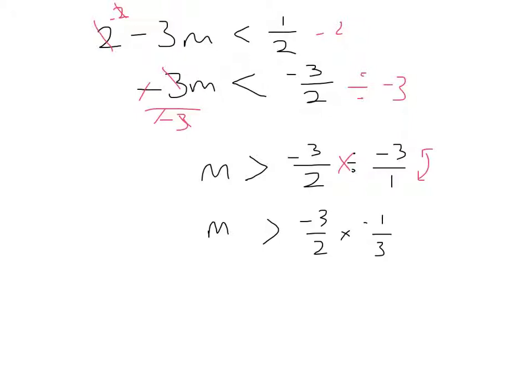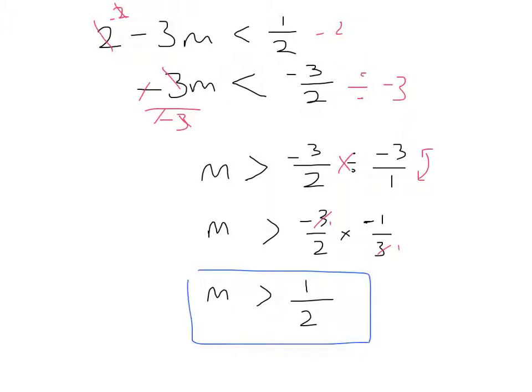Now the 3's can cancel down diagonally to leave you with 1 each. And remembering that this term here is negative, a negative times by a negative is a positive. 1 times 1 on the top is 1 over 2 times 1, which is left on the bottom, is 2. And that's the answer to this question.